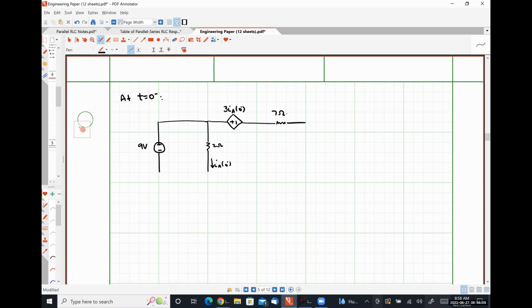At 0 minus, we're at DC steady state, so our capacitor looks like an open circuit.